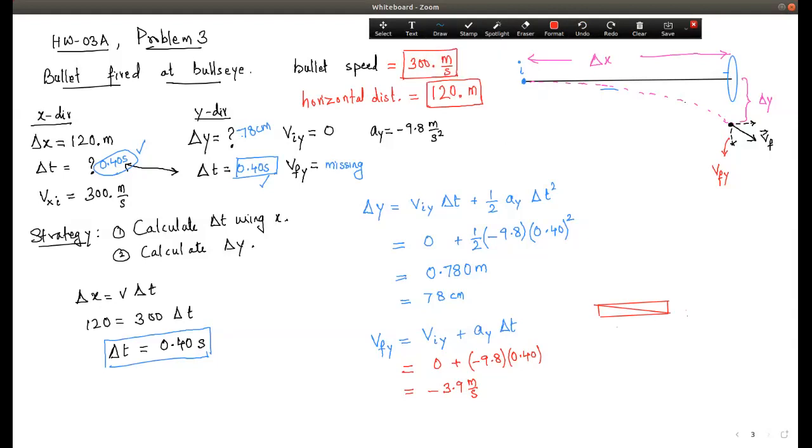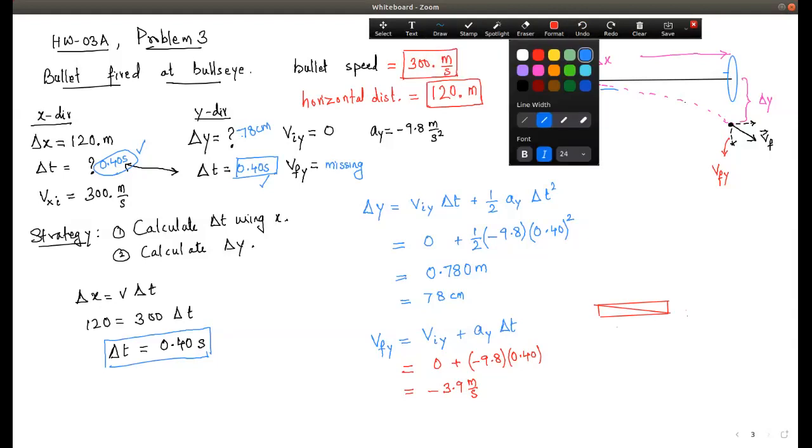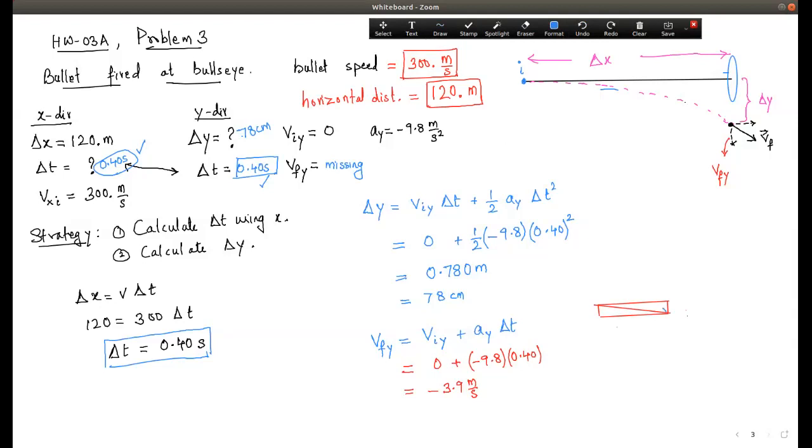Let me change the color so that this is the vector moving this way. That length is vy final, and this length here is vx final.